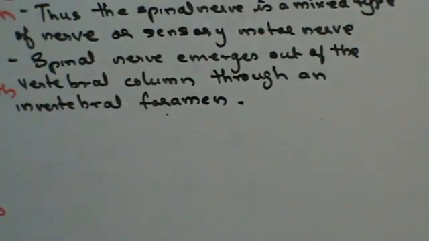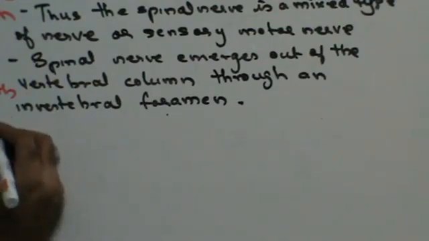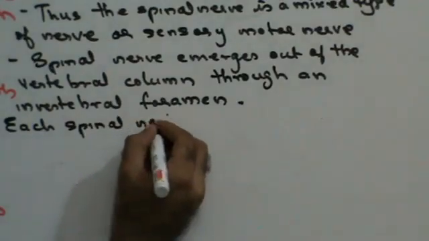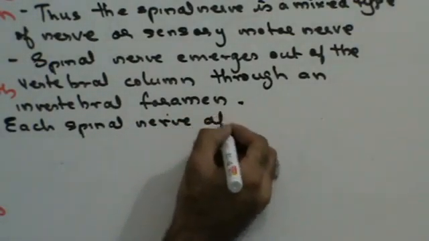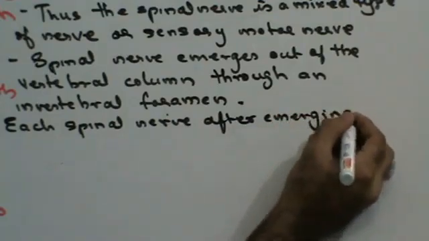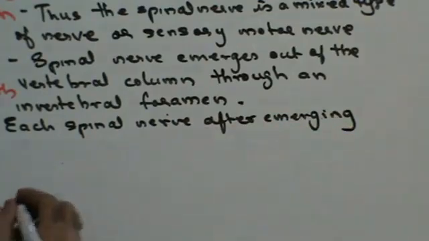Right? Each spinal nerve, after emerging out of the vertebral column, divides into three branches.